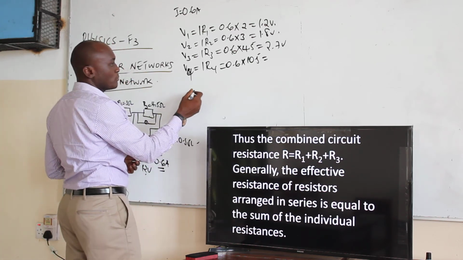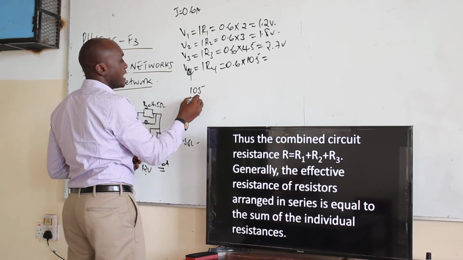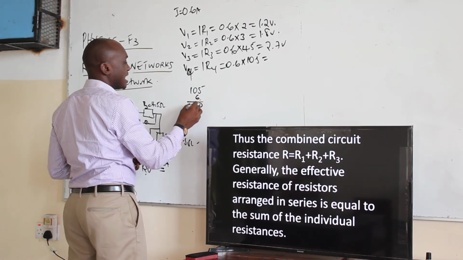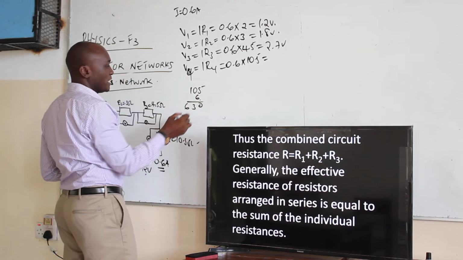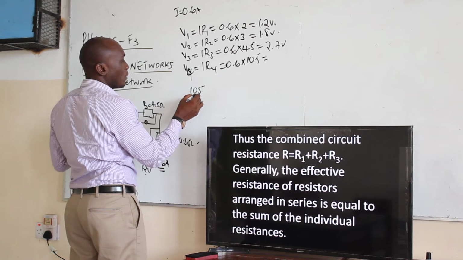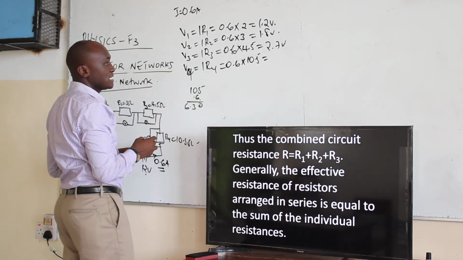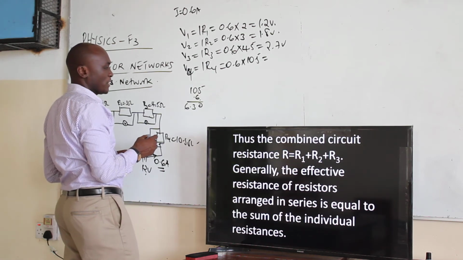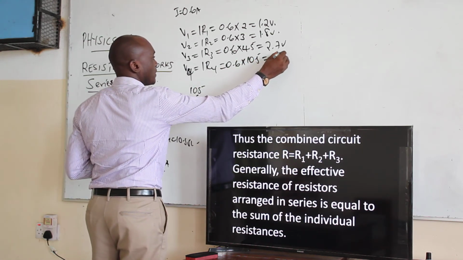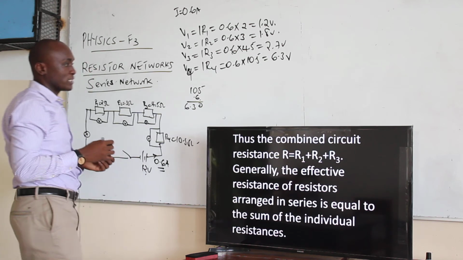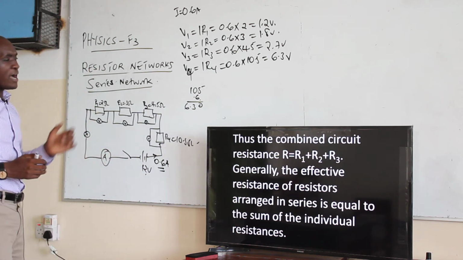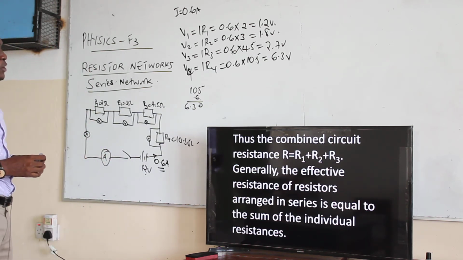Let's multiply manually: 105 times 6 is 630, then we have 2 decimal places, so it's going to give us 6.3. So this is going to give us 6.3 volts.